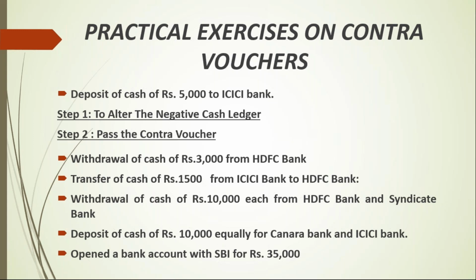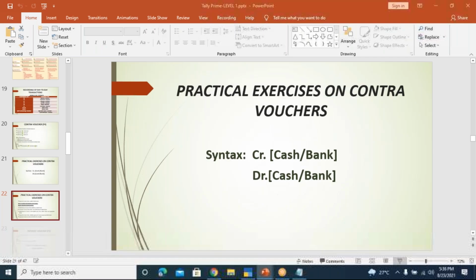So you're taking 5,000 rupees and depositing it into the ICICI Bank. Cash is going out of the company, and ICICI Bank becomes the receiver of funds. So the same entry, how is it presented in the contra voucher?